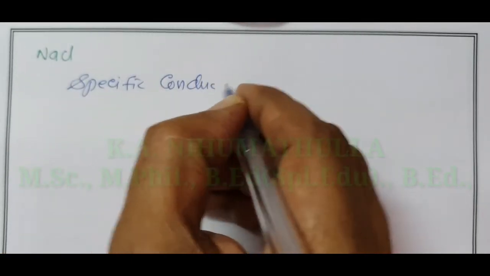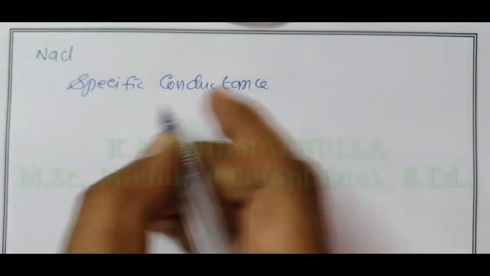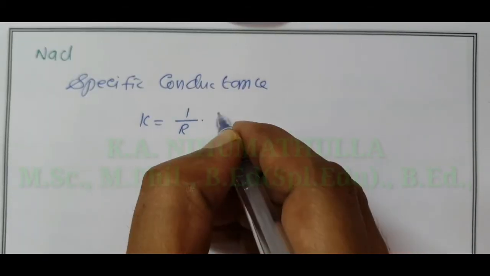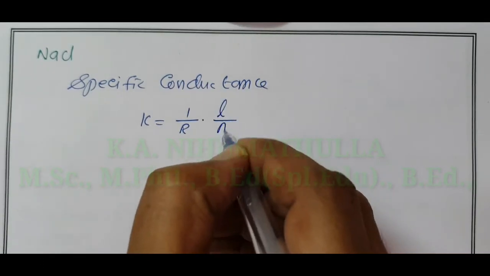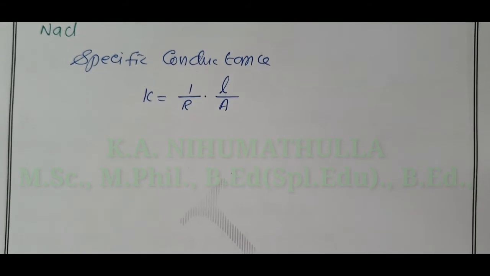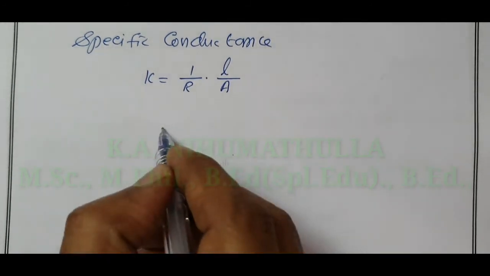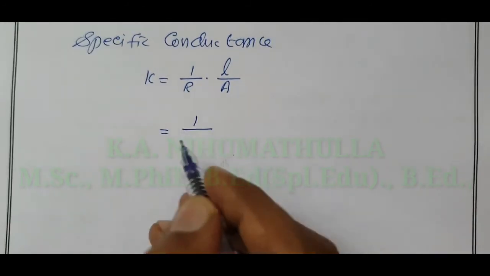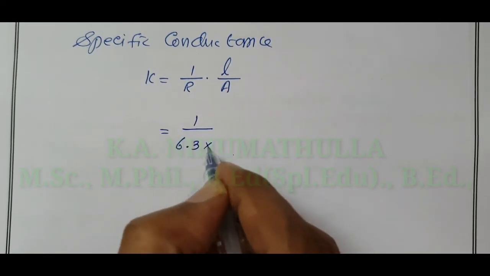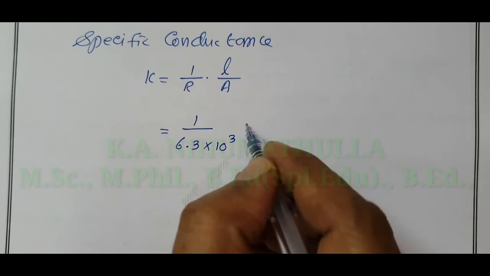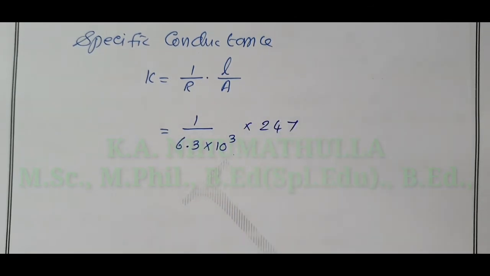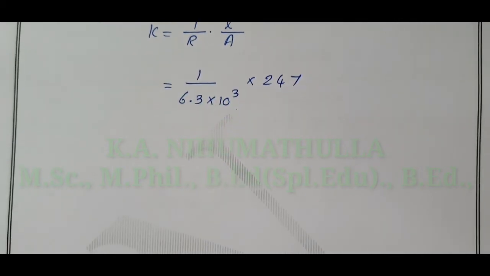The specific conductance kappa is equal to 1 by R into L by A. That is equal to 1 by the R value for sodium chloride given, 6.3 into 10 power 3, into the L by A we have calculated as 247.